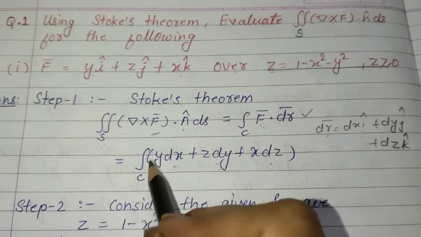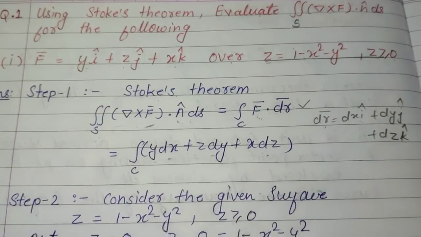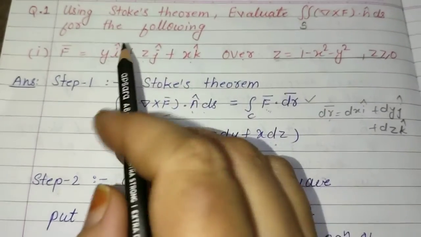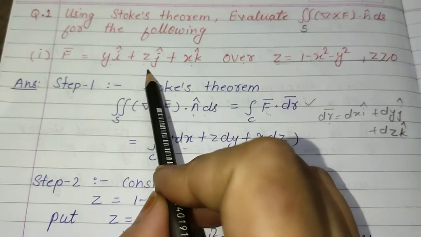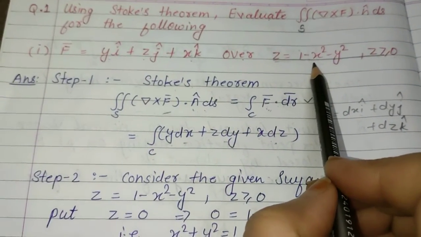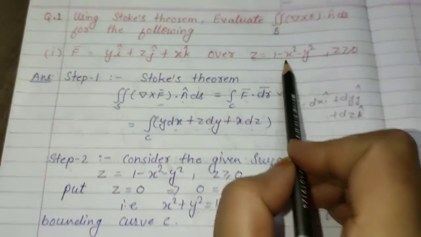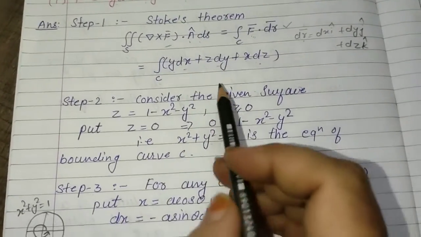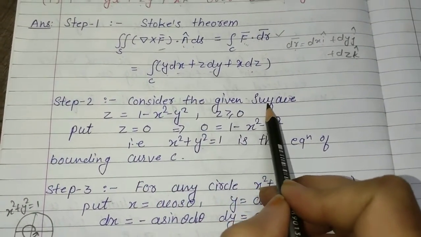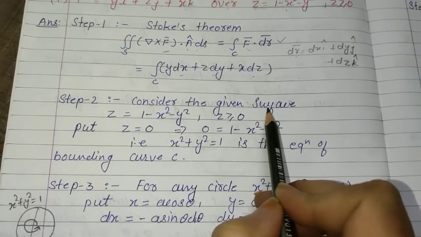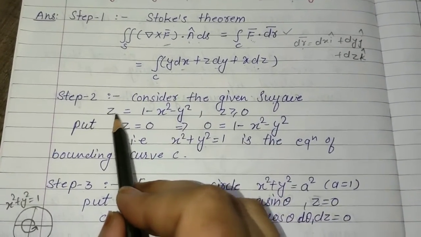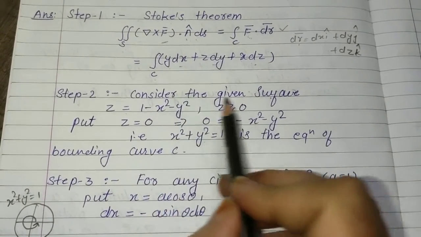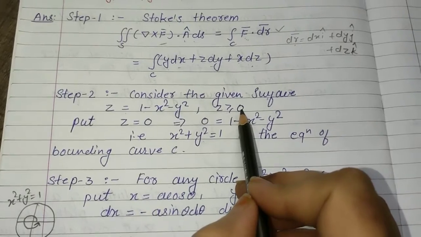Now this is the function. Now we want the limits of this curve. We want the value of this function over this curve. So now we will write the equation of the curve. Consider the given surface z = 1 - x² - y², z ≥ 0.